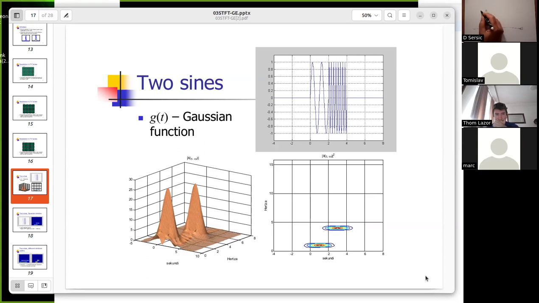If this is the frequency axis, and this is the time axis, maybe you could say that this is 1, 2, 3, 4 hertz. Some idealistic view would look like this. It would be a line. So the first sine had a frequency of 1 hertz. It started at 0.